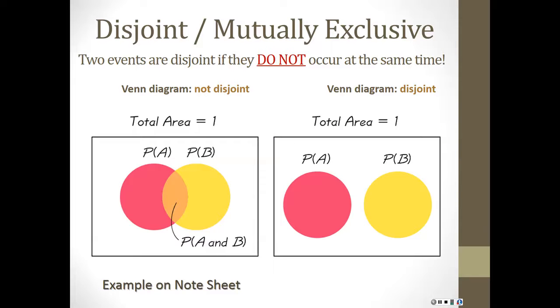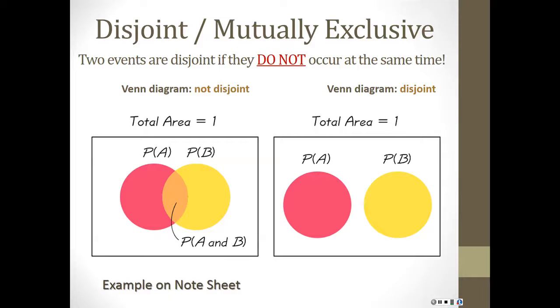The idea of disjoint or mutually exclusive is usually troublesome for people. So I want you to think through this with me and pay careful attention here. Take good notes. Disjoint means not joined, not overlapping, not the same, not joined in any way. Two distinct, separate things.